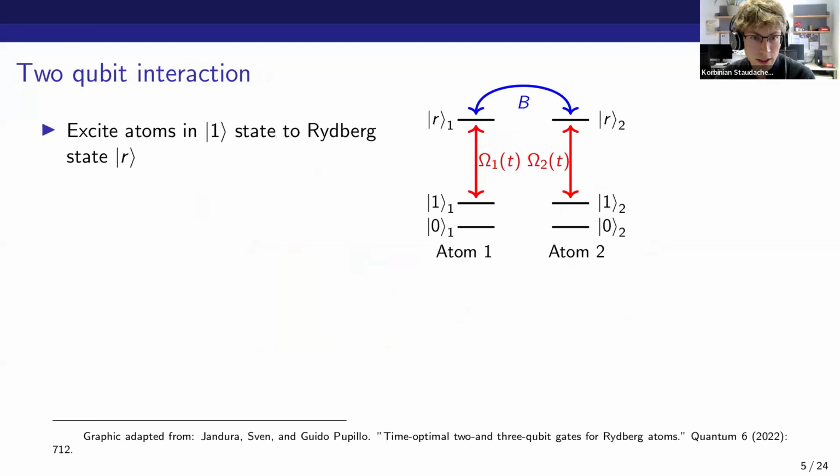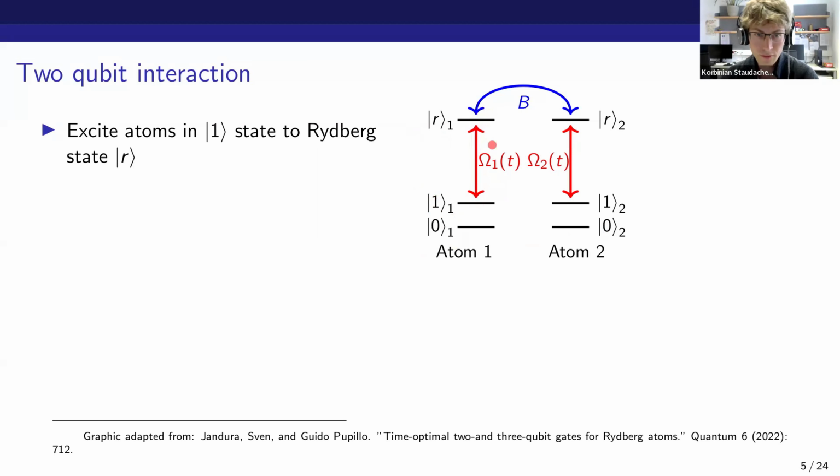And how this looks like on an energy diagram is that we have here our two basis states encoded in some energy levels of the atoms. And with those Rydberg excitation, the state resonates with the one state. And if our atom is in the one state, it gets shifted to this very high energy state, the Rydberg state.